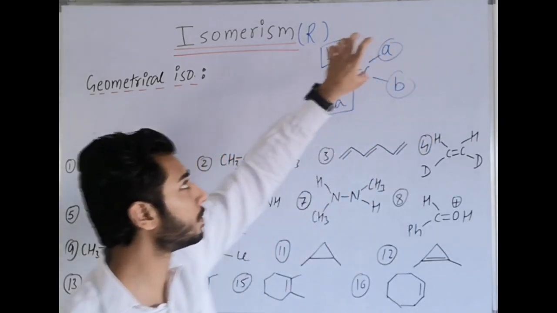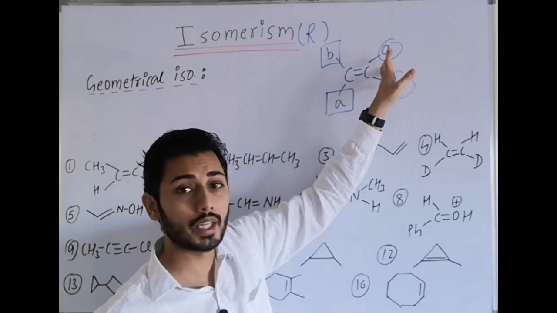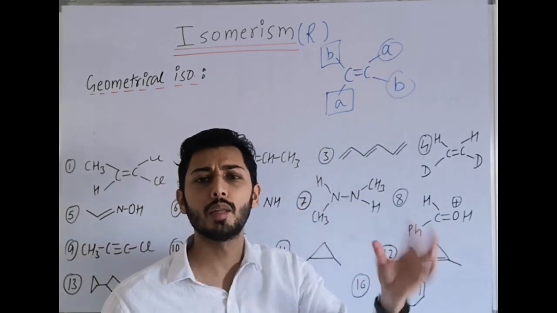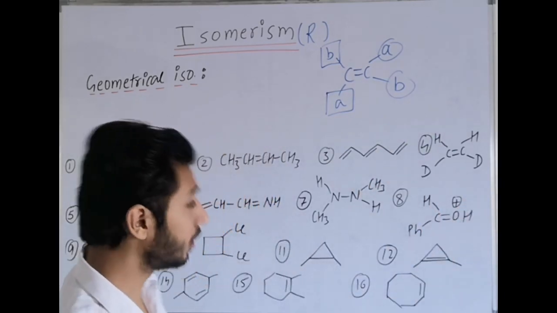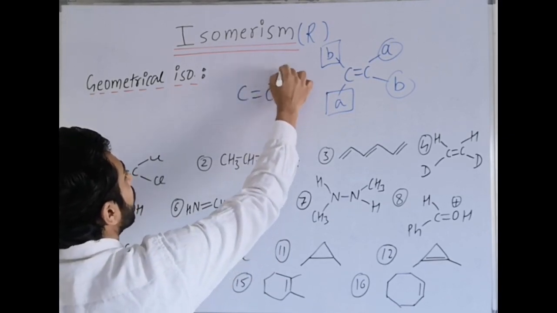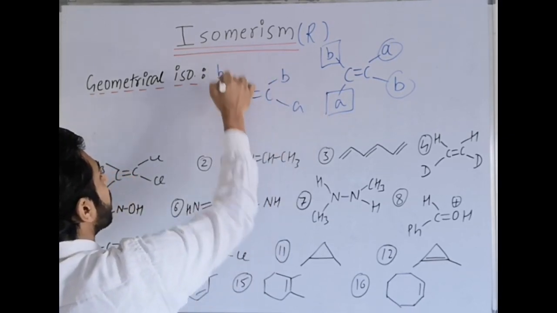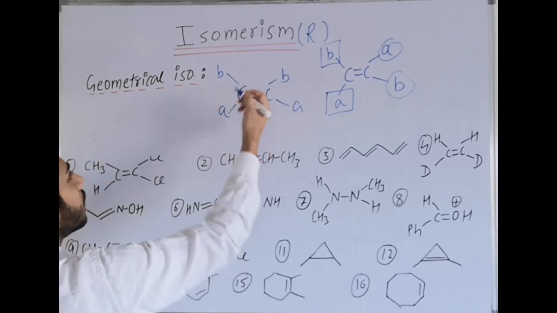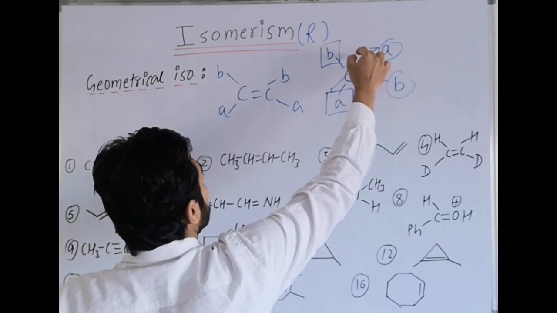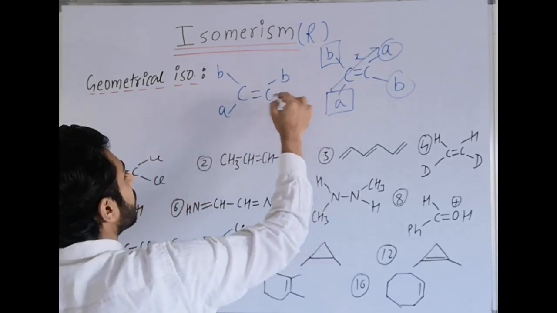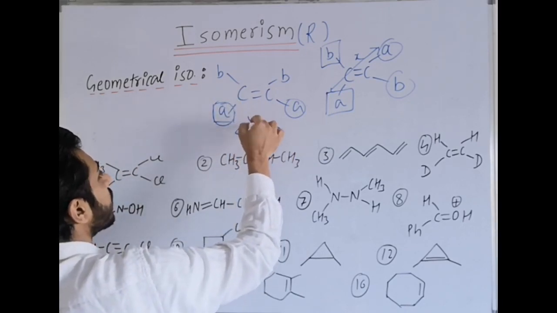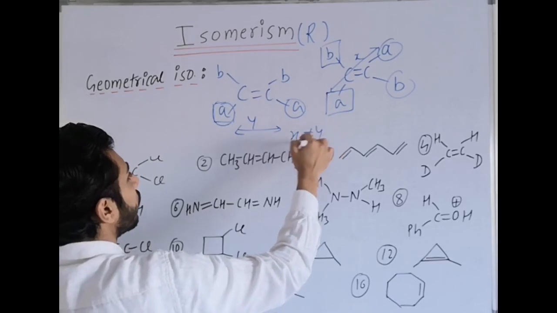Maybe these two groups may match with the other end, but on each carbon atom two different groups, AB, BC, CD, like this. We can put here CH3, hydrogen, possible. If I write another possibility, I can mention B there, A there. Now you can easily tell, if the distance between A and A is x, now in the other the distance between A and A is not x, it is something else, maybe y, and x is not equal to y.